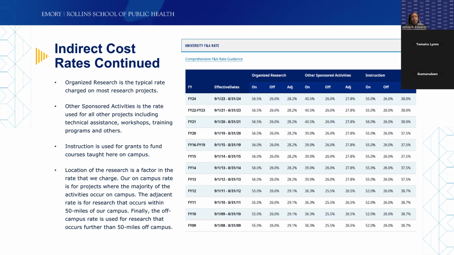And then if that work is off campus but not far, we call it off campus adjacent, research that occurs within 50 miles of our campus. And then lastly, off campus rate, which is anything further than 50 miles, and is typically a much lower indirect cost rate.